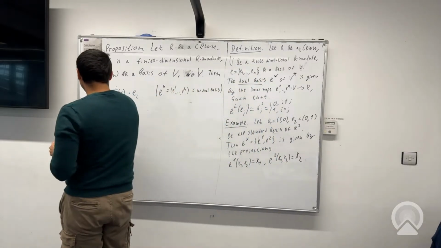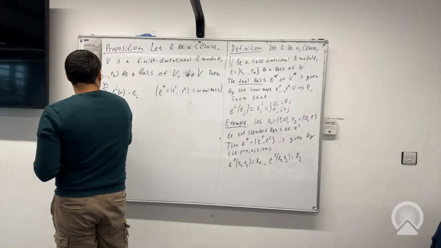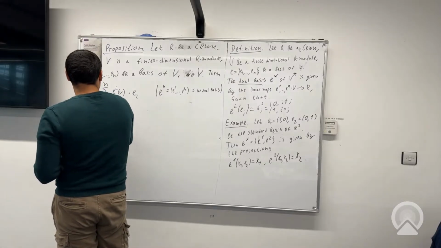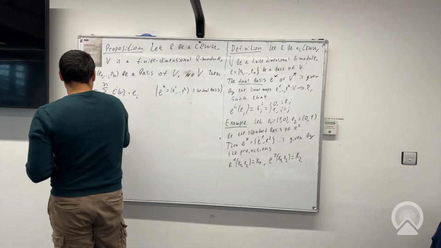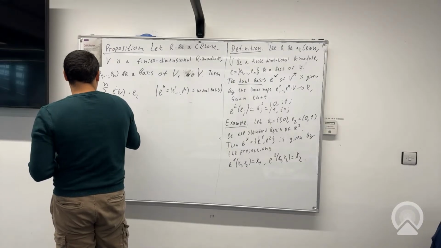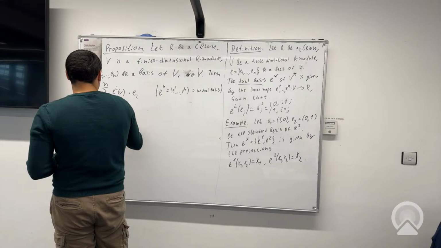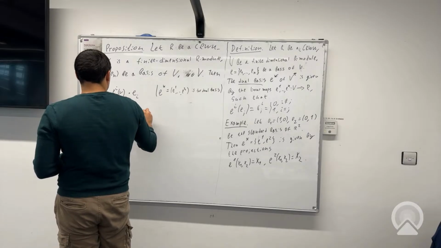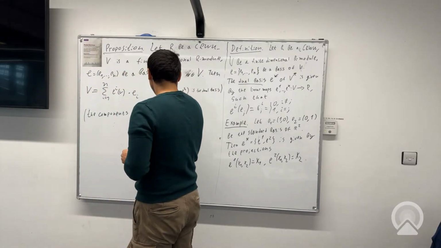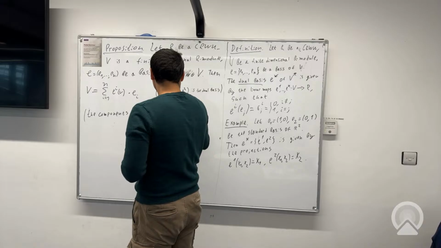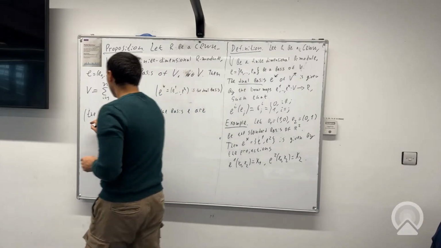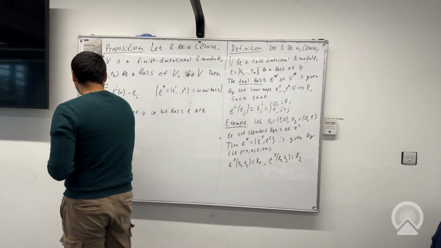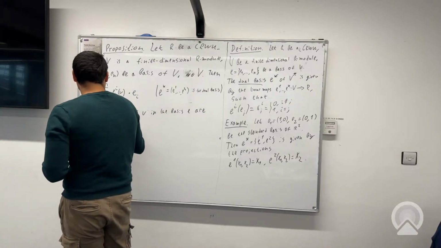I will say this in words: the components of v in the basis E are given by the degrees of freedom.